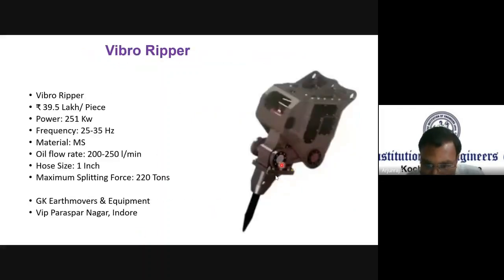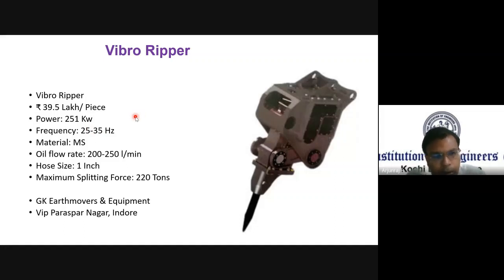You see, this is the vibro ripper. It is going to be 39.5 lakh per piece, and the power is going to be 251 kilowatt, and the vibration frequency is going to be 25 to 35 hertz. The material is going to be mild steel.